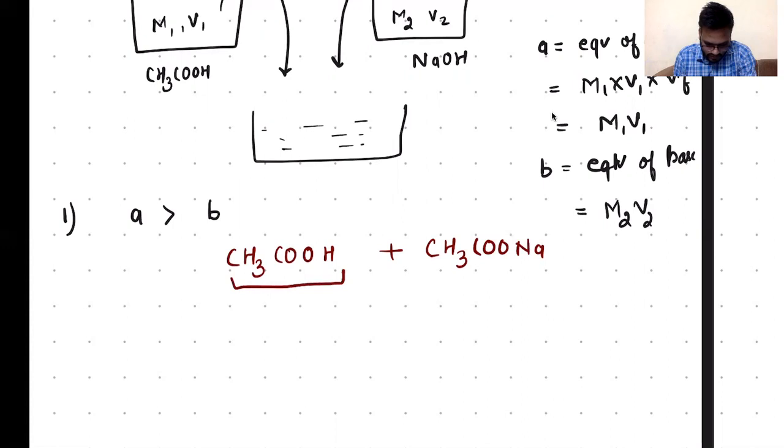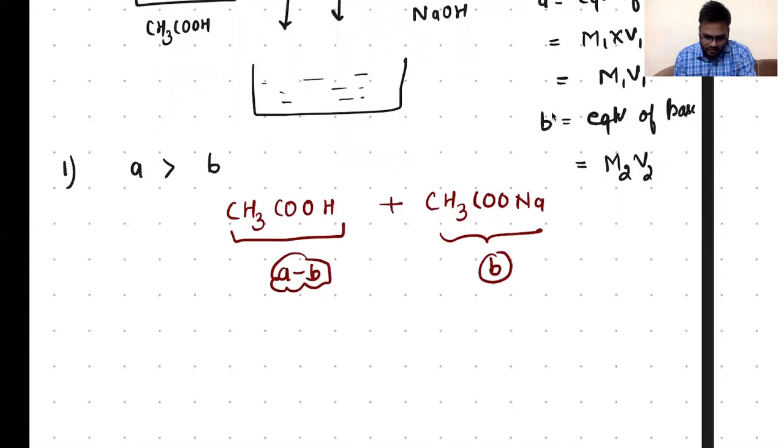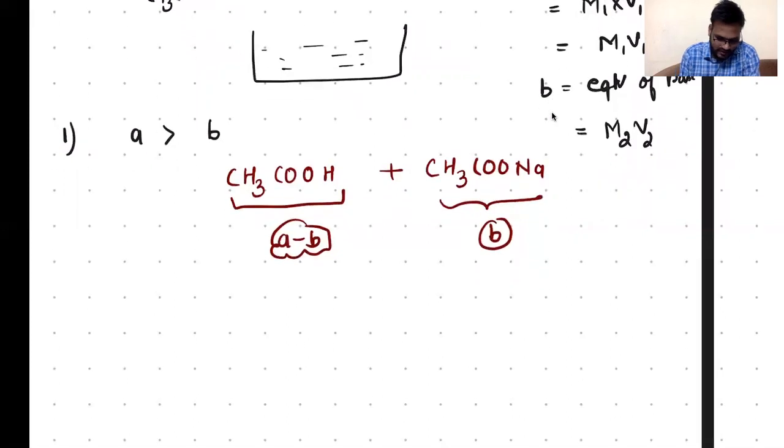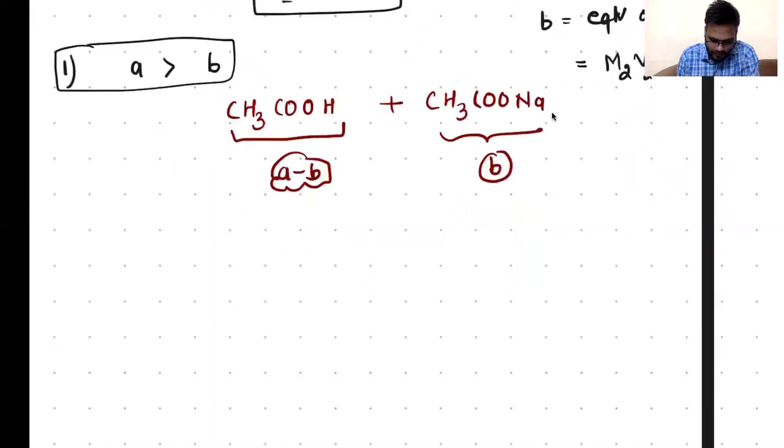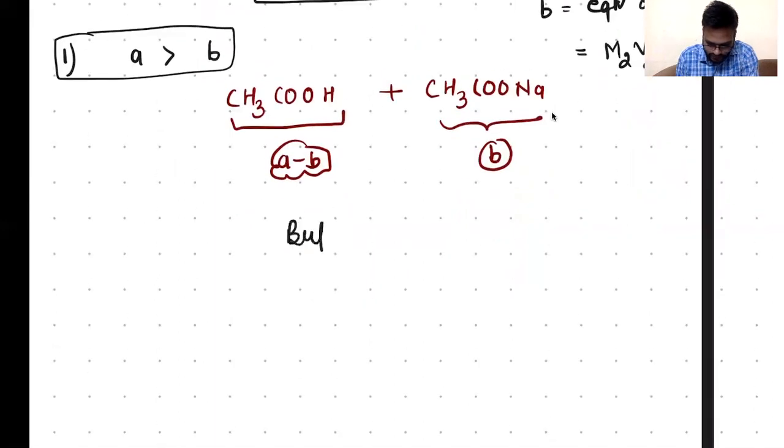CH3COOH will be present as A minus B milliequivalents, and CH3COONa will be B. The solution will be having a weak acid and the salt of that acid with a strong base. So this condition will provide us a buffer solution, SD buffer solution.